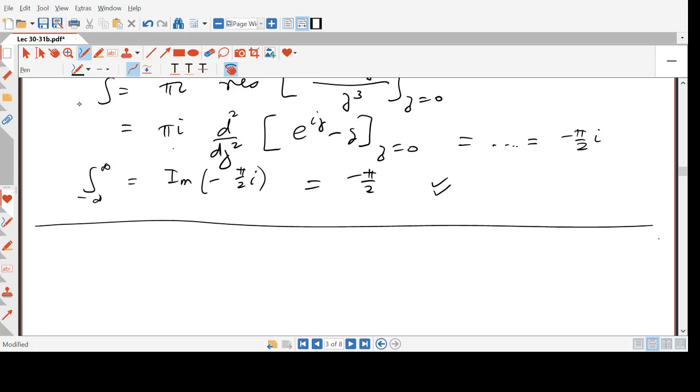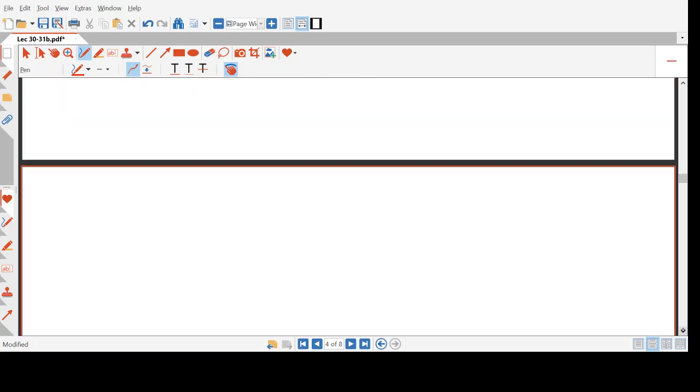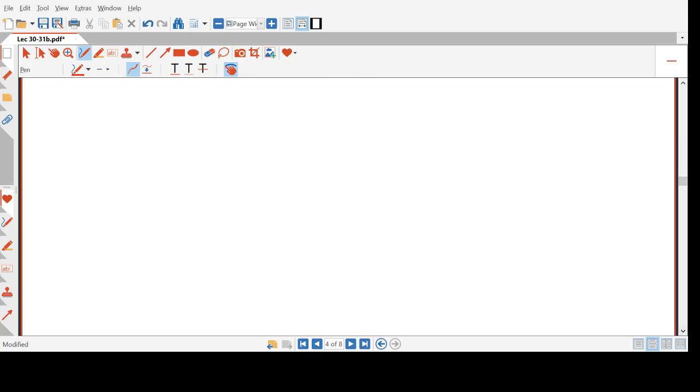Finally, let's have a look at problem number 55e. Let me go to a new page to make it easier to follow. 55e. And here you have the integral from minus infinity to plus infinity of cos of pi x over (4x cubed minus 8x plus 3) dx.